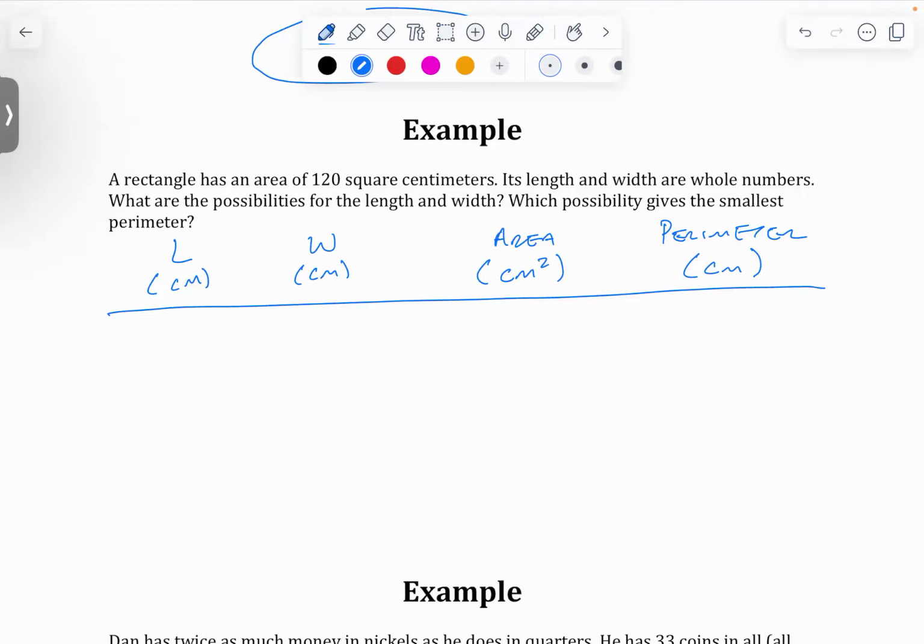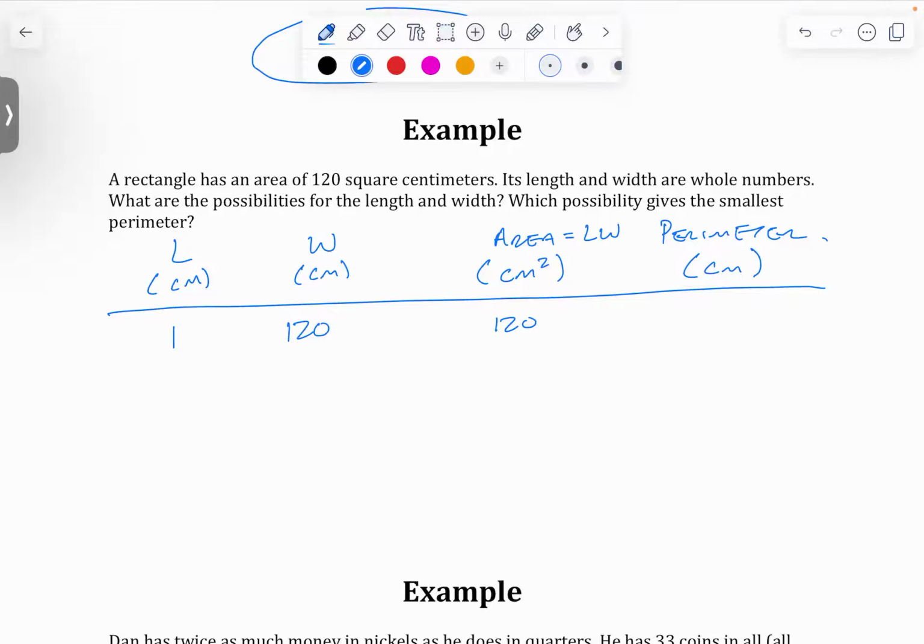So just doing this, we know that they all make 120 square centimeters. Just to refresh on our area, the area of a rectangle is length times the width. Well, that means let's start with the easiest one. A length of 1 and a width of 120. 1 times 120 makes 120.